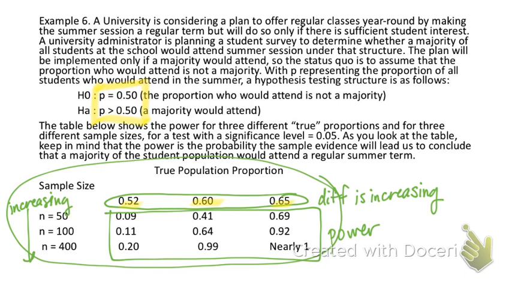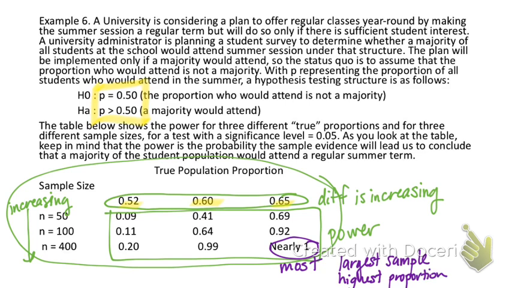Nearly 1 is definitely the most power, which means it has the what sample? The largest sample and the highest proportion, or the furthest away from 0.5.